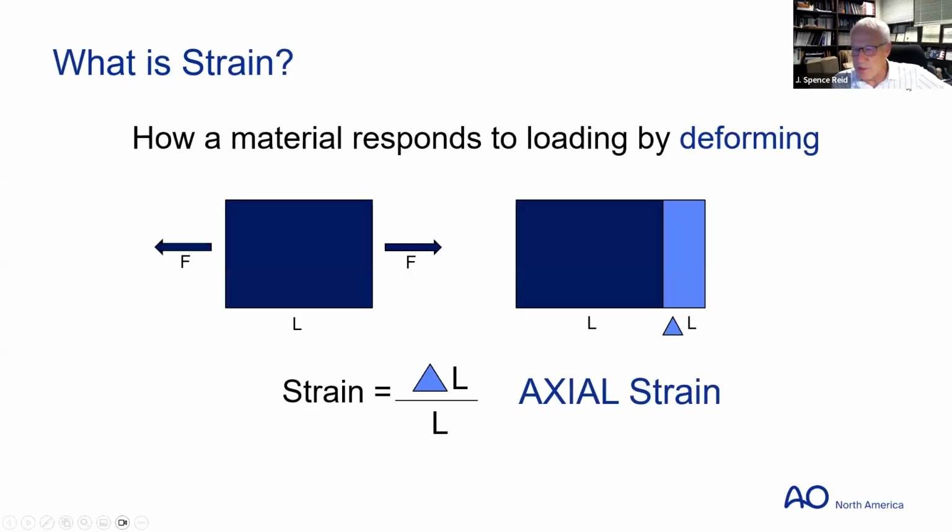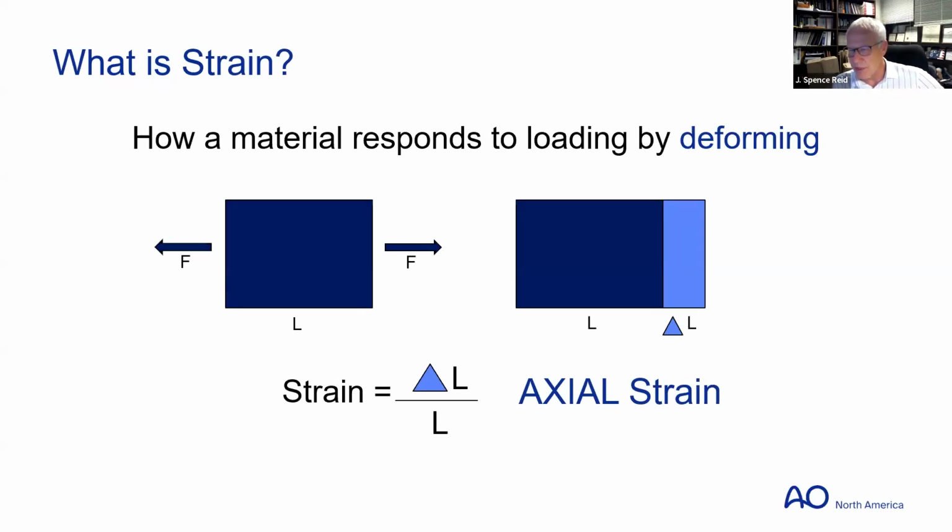Strain is how a material responds to loading by deformation. Every material in the world will change its shape subtly when it's loaded. If we look at tensile strain or compressive strain, in which we elongate or shorten something, we can quantitate this strain by how much it moves in ratio to its original length.